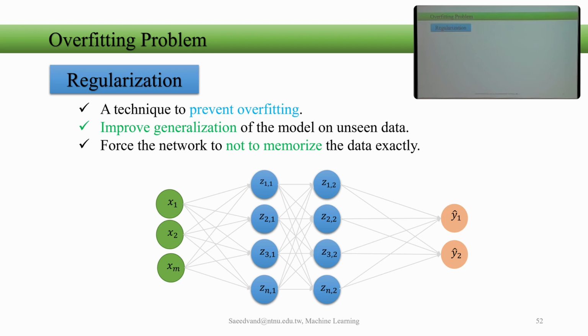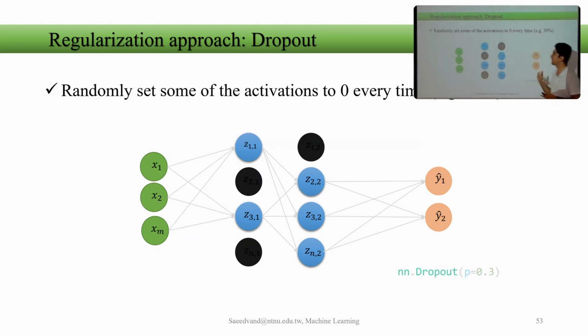Then we also mentioned regularization, which is more important and common to be discussed here in neural networks. Let's see how we can do that. It is a technique to prevent overfitting, and we can improve the prediction for unseen data. How does it work? If this is the network that I have, with the connections from input to output, with regularization I can apply some techniques.